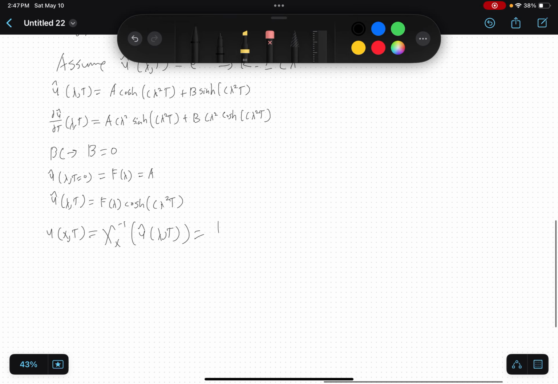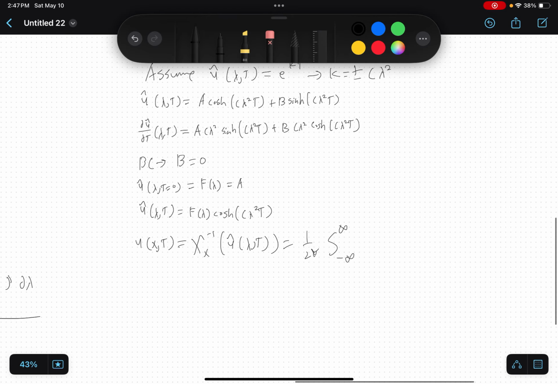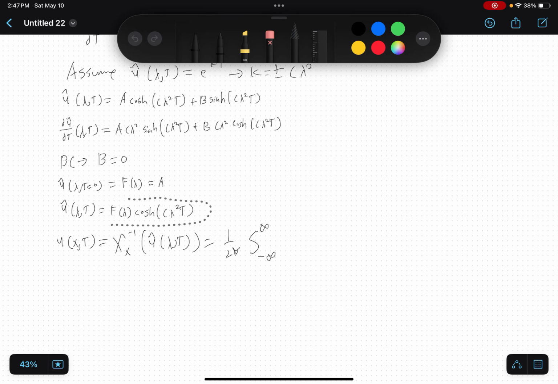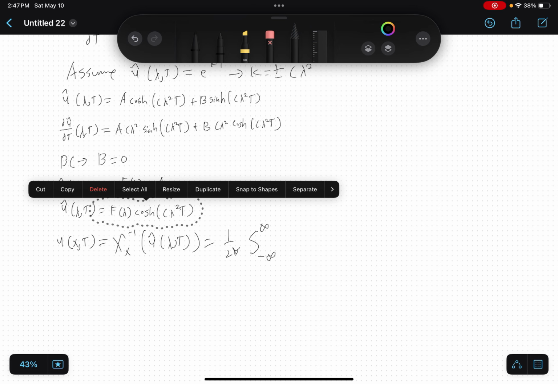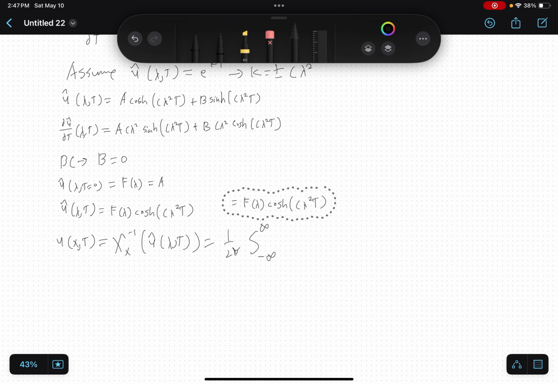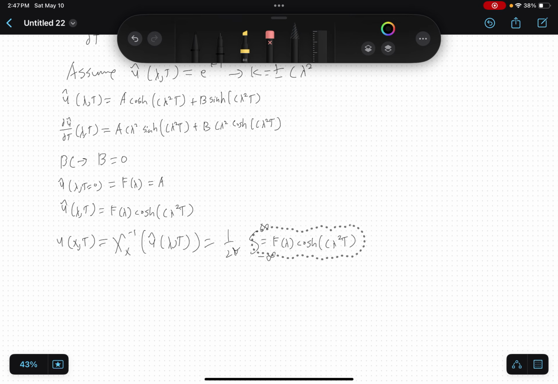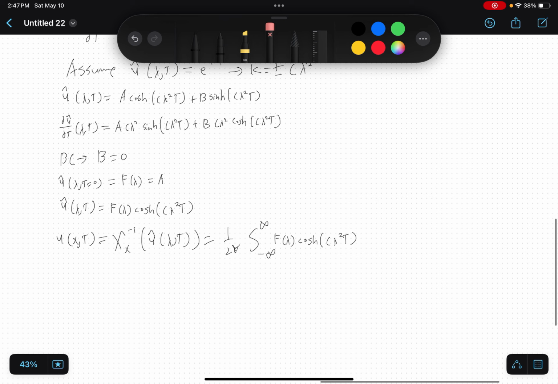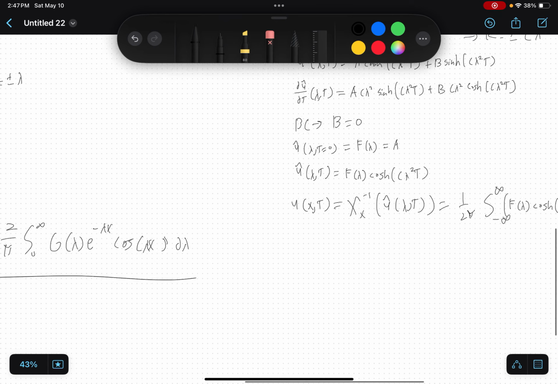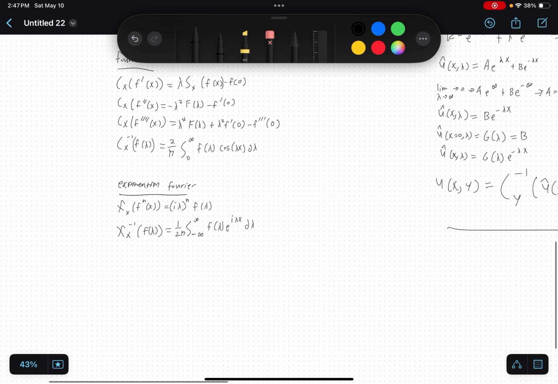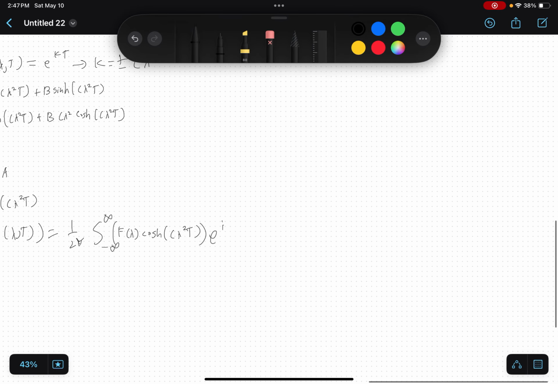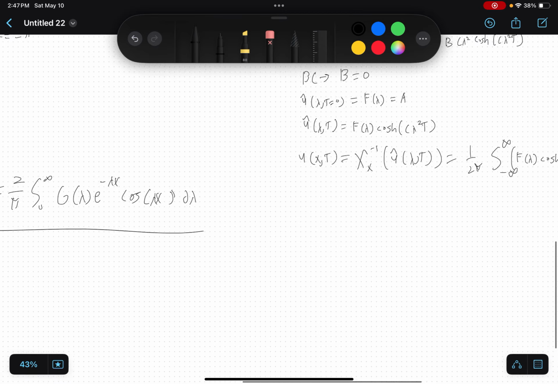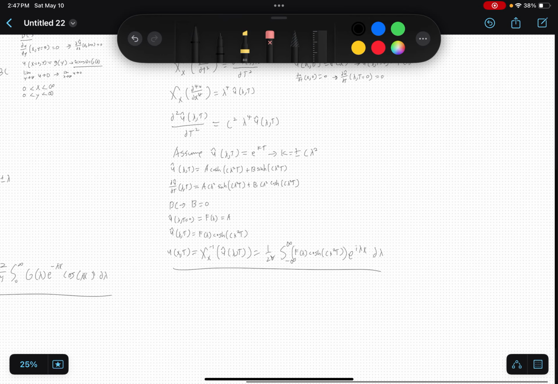One over 2 pi. Yep. That's the solution.